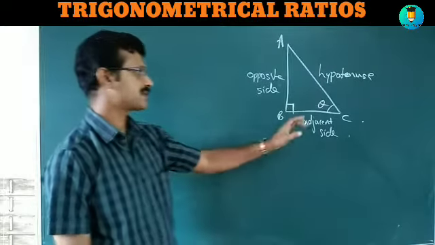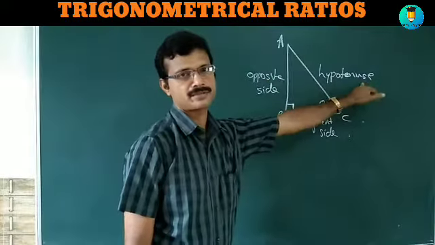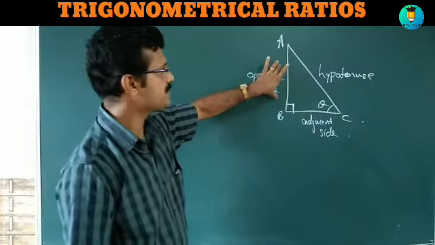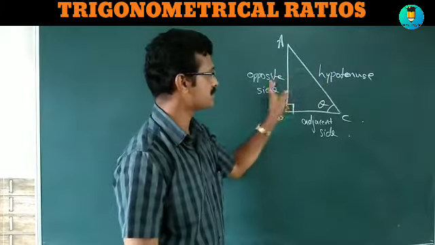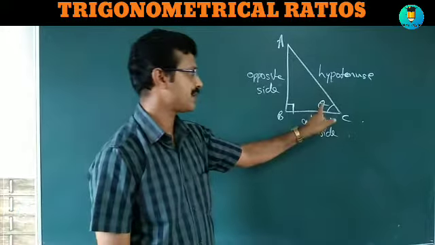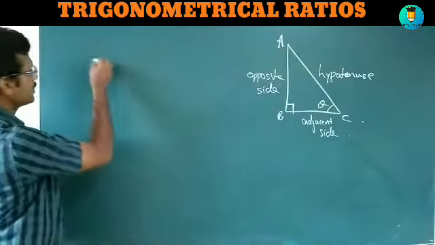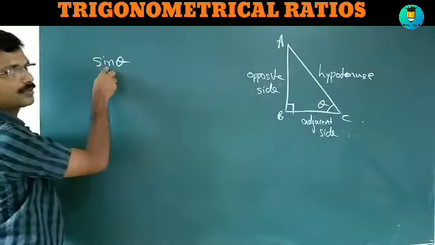So the first relation I am going to say is the relation connecting opposite side and hypotenuse. That is, if I divide opposite side by the hypotenuse, there is a ratio connecting these two sides. It is denoted by the ratio sin theta, sine of this angle. Sin is the name of the ratio.